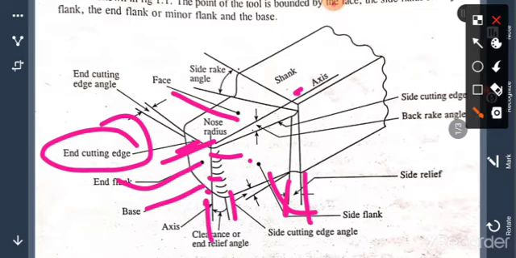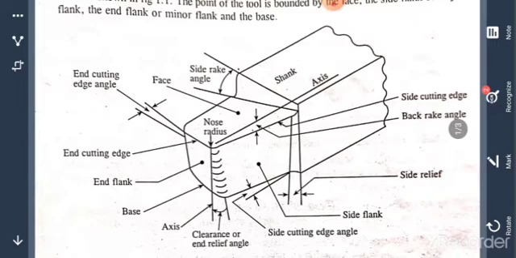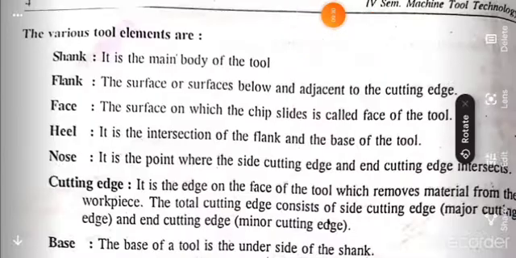You need to maintain these properly, then only will you get the exact machining accuracy, otherwise the job will be rejected. Okay, I hope you understood the geometry of the single point cutting tool.